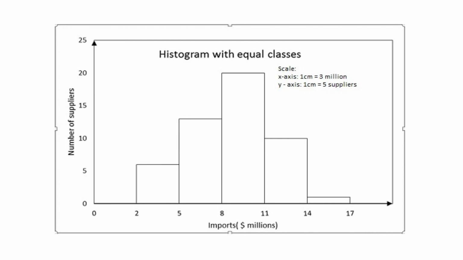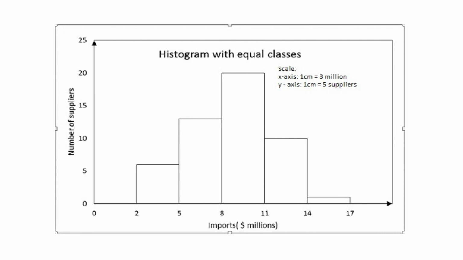Next, we have 13 suppliers whose annual import is between $5 to $8 million. So, on the y-axis, mark a line at the point 13 for the interval 5 to 8 on the x-axis and join them with perpendicular lines to the x-axis.